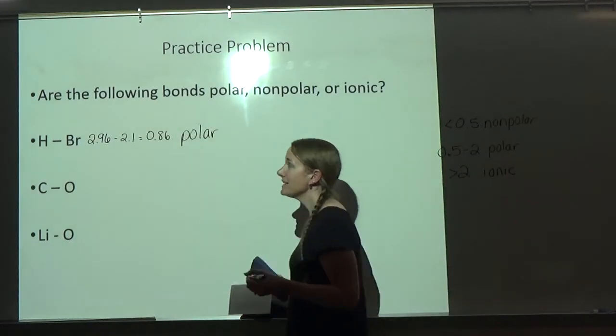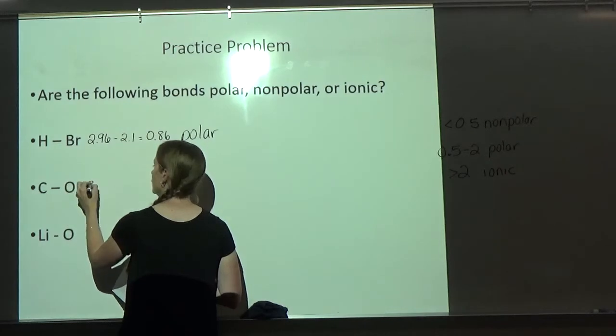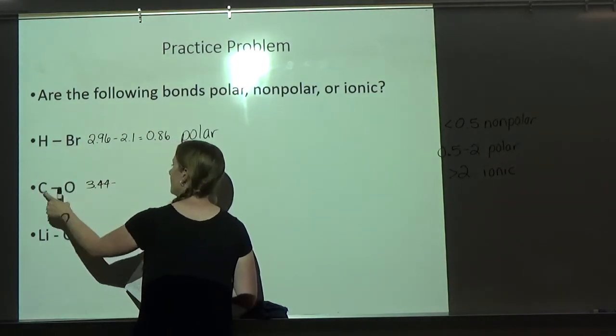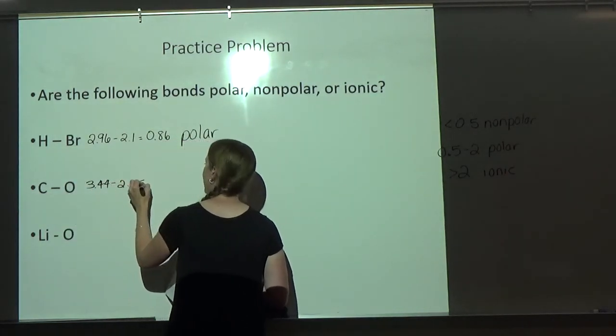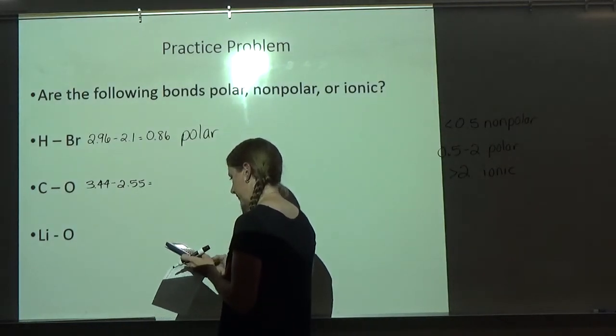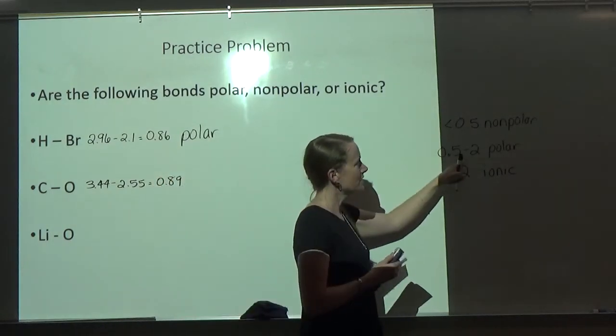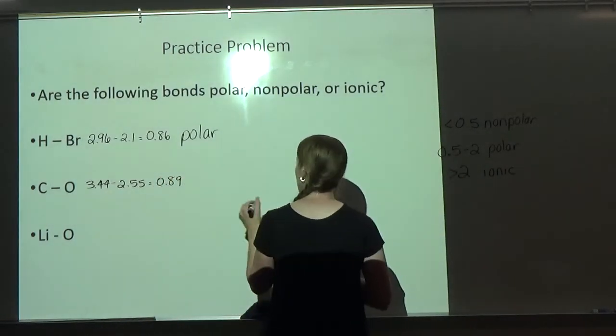Next we have C and O. Remember, you always do largest minus smallest, and O has the larger, so it's 3.44 minus C, which is 2.55. Once I put that in, I get 0.89. Again, because that's between 0.5 and 2, it is polar.